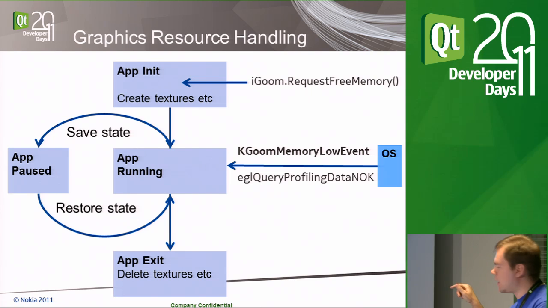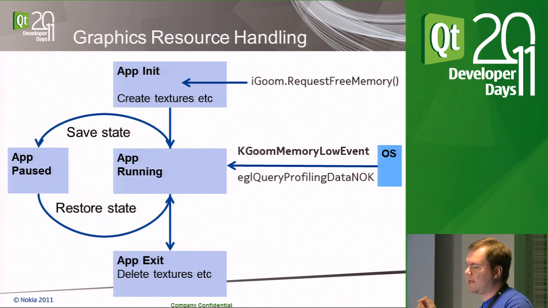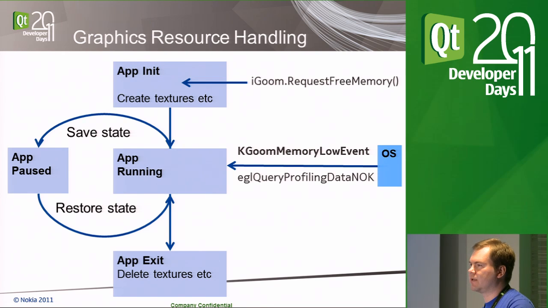And then when you go to the app running state, you can get this GOOM memory low event. You can get that, for example, if you press the camera button, it will eat like 10 megabytes of memory, and it will send you this event, and you should save your state. And during this save state, you should delete all your textures and VBOs, because then you will free all the graphics memory. Then your application goes to the pause state, and during the restore state, you are just reading back the textures and fetching the VBOs.